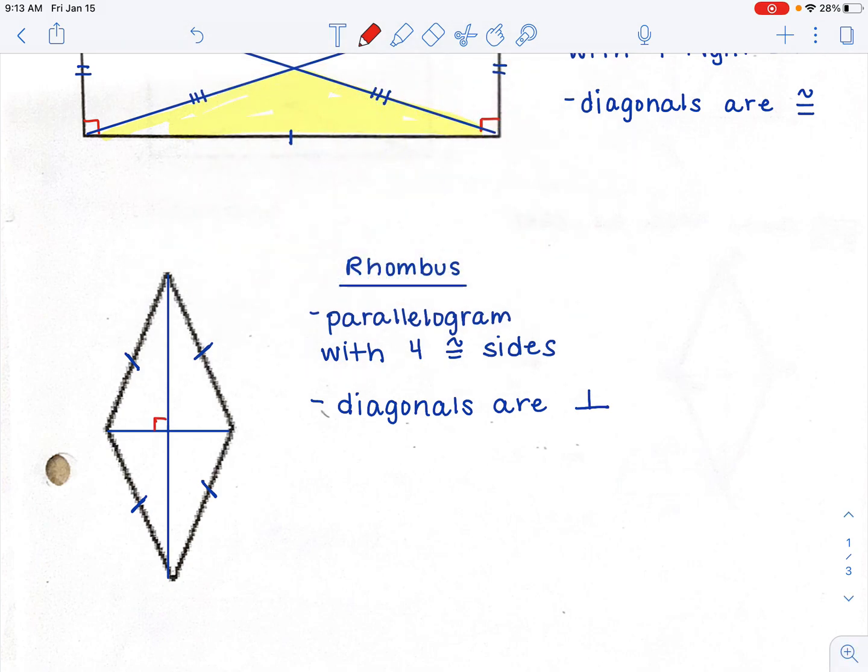And what that tells us is that these angles are all right angles, which means we now have 4 little right triangles going on. Another thing this tells us is that the diagonals bisect those interior angles.